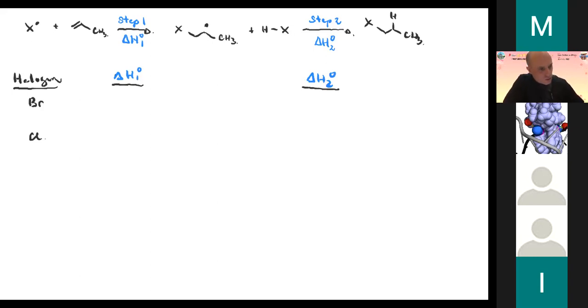So I'm going to break my pi CC bond in the first step, and I'm going to form a primary carbon halogen bond, okay?